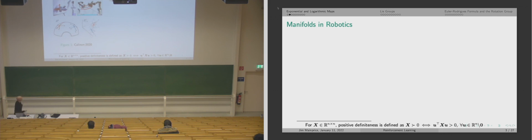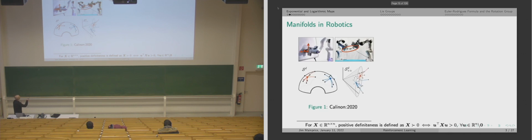So here are the two canonical examples that we are going to talk about in this section. On the left side, we have the space of quaternions. Quaternions are four-dimensional vectors, and they live on the surface of a hypersphere of dimension 3. Sorry, the surface of the sphere is of dimension 3, and then the embedding space is of dimension 4.